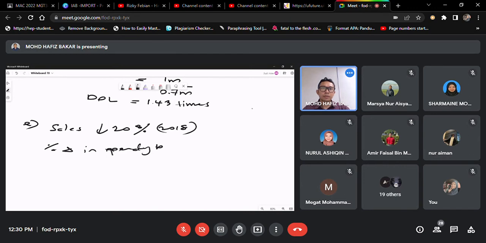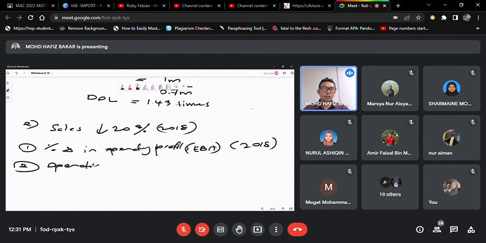So kalau operating profit ni we refer to EBIT lah. Okay, in year 2018. This is the first one that you need to find. The second one, the ringgit Malaysia amount of operating profit in year 2019. Kat sini percentage. Dekat sini is accurate figure, the exact figure for 2019.